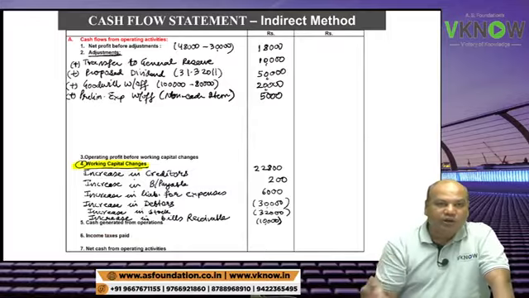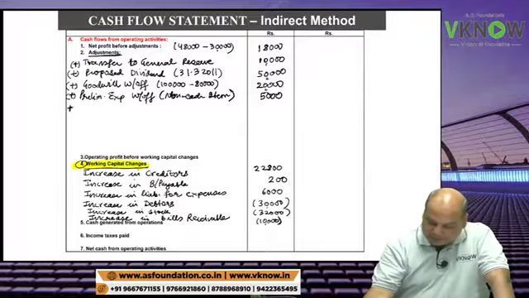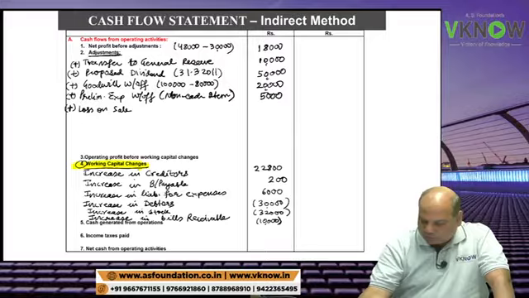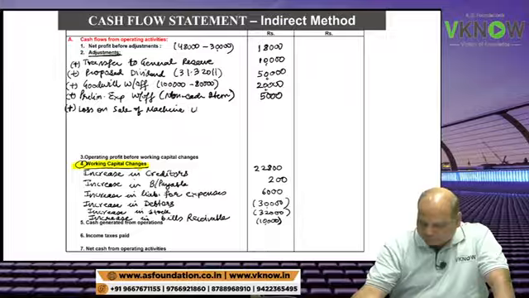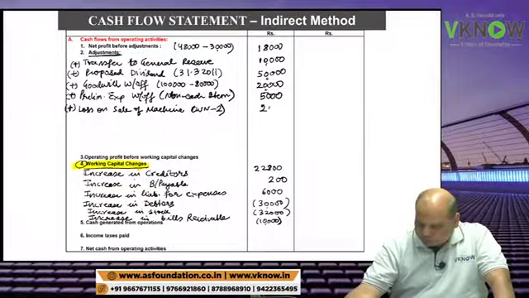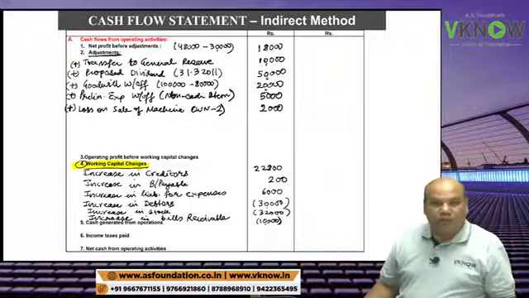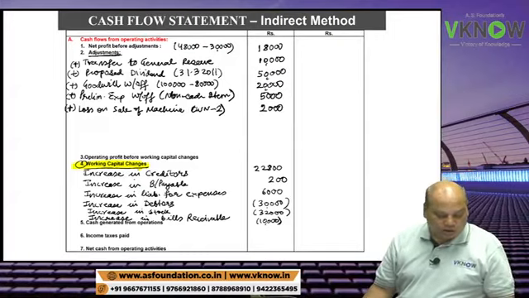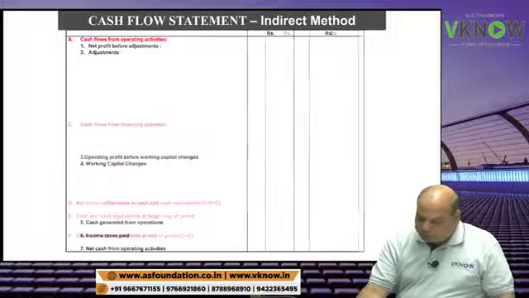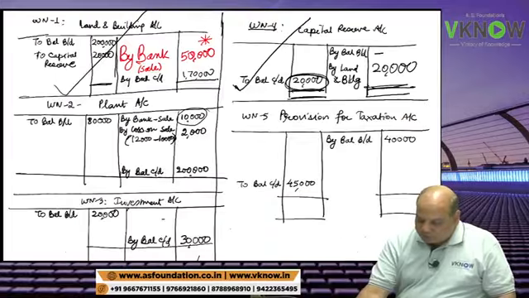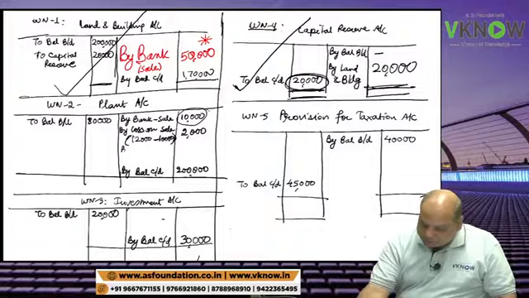So in adjustment add back loss on sale of machine, working note 2, 2,000 rupees add back. Why? Non-cash item. Okay, now come back to that machine account. By depreciation they have given for the year.